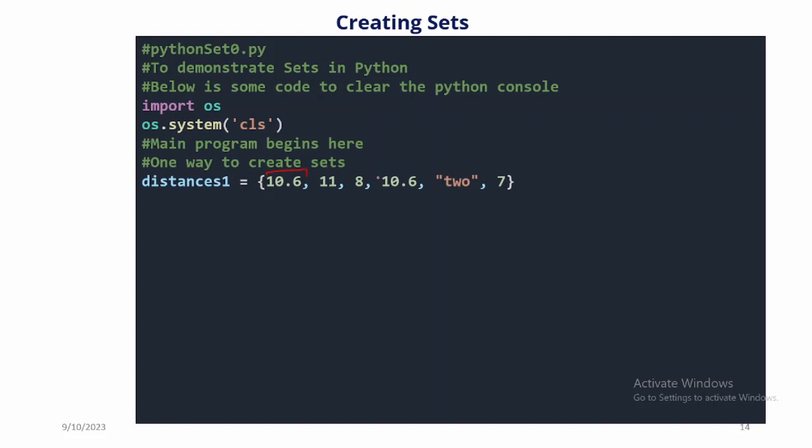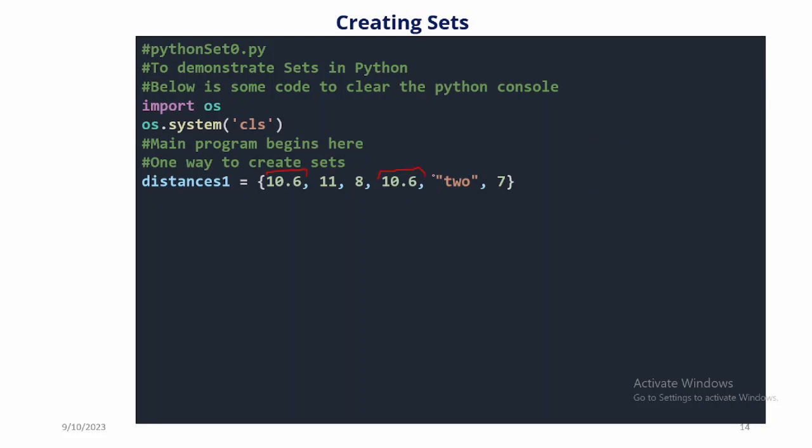So in this creation we have 10.6 appearing twice. You will discover that only one of the 10.6 is going to be retained. The set will automatically discard the second 10.6 and even possibly rearrange the list of items because the position does not matter. It's unordered. That's what a set is.